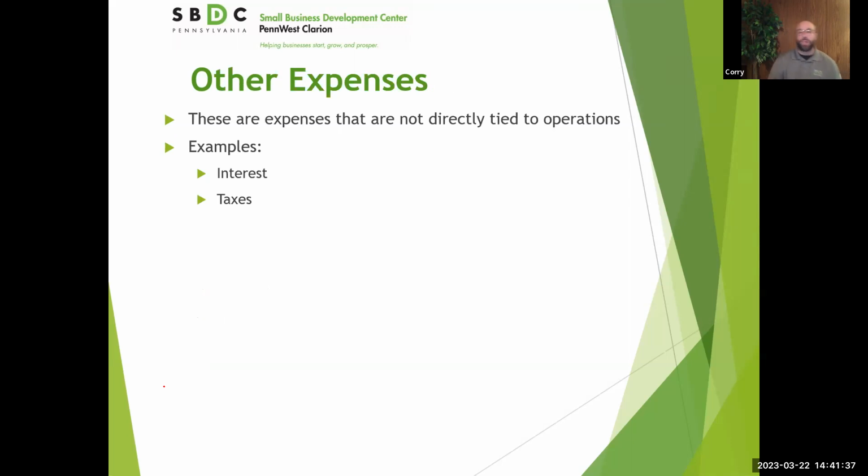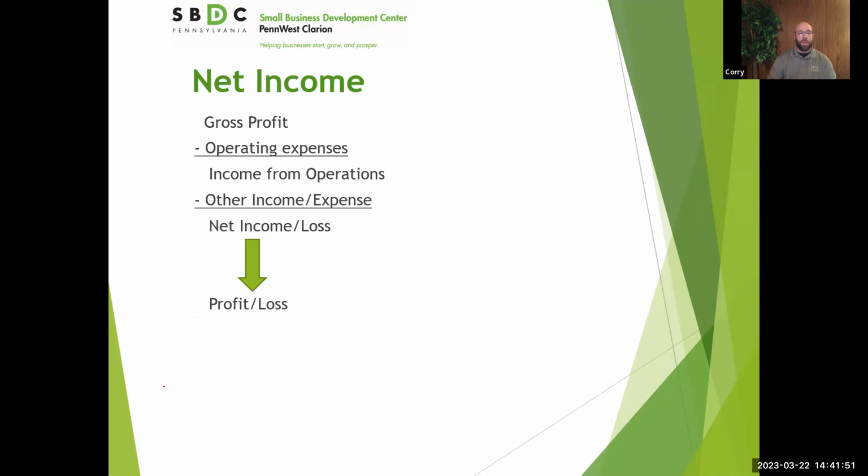Other expenses that show up on the income statement, we talked briefly about interest, and also specific taxes are going to show up on your income statement as well. So how do we come up with our profit and our loss?